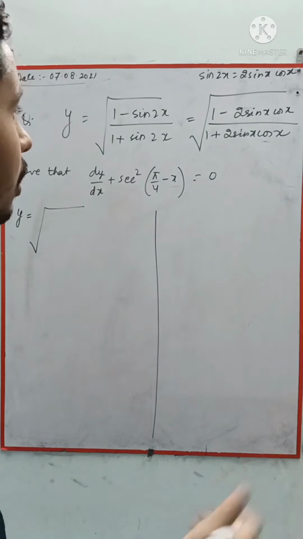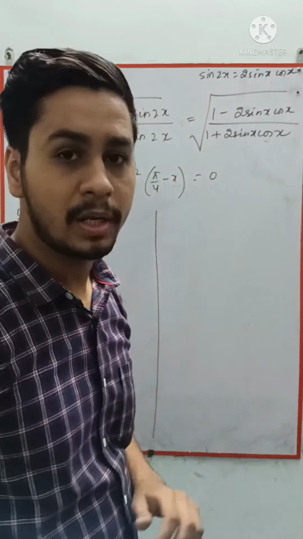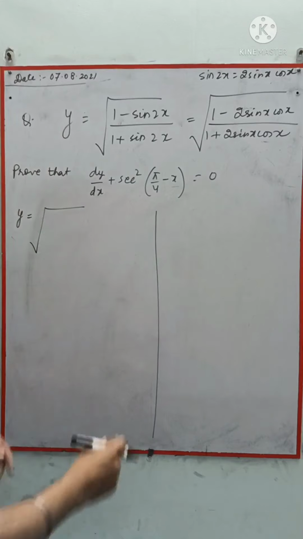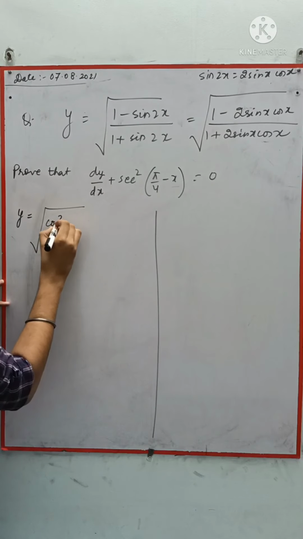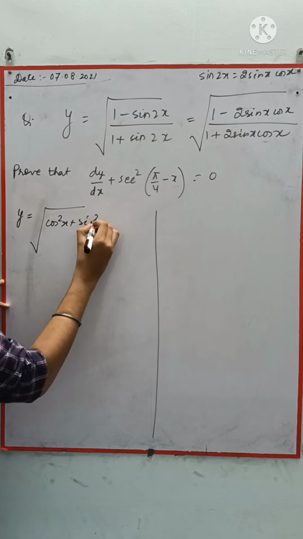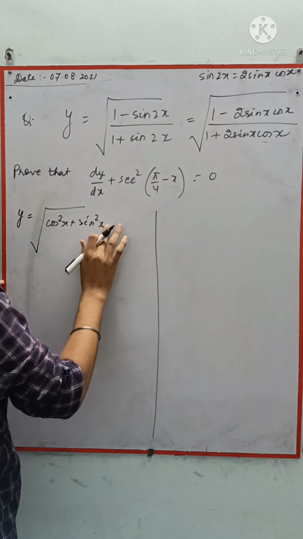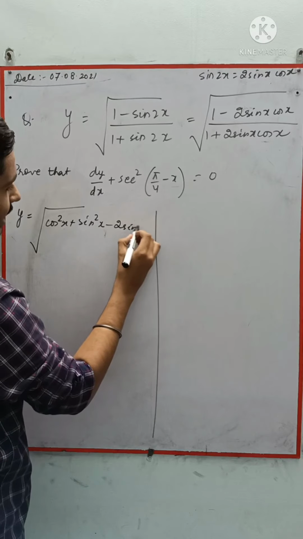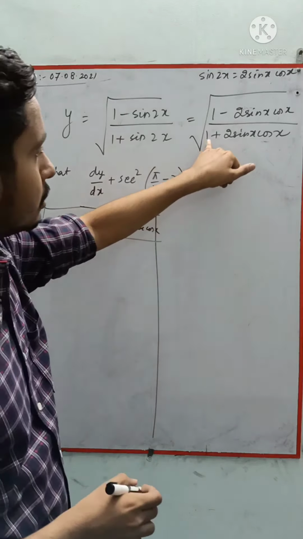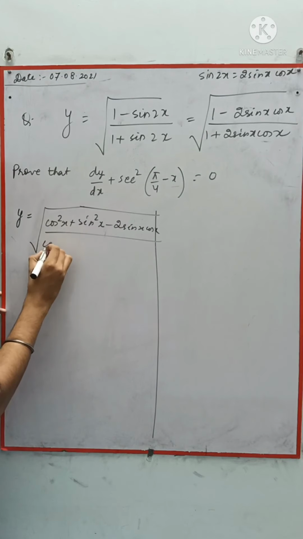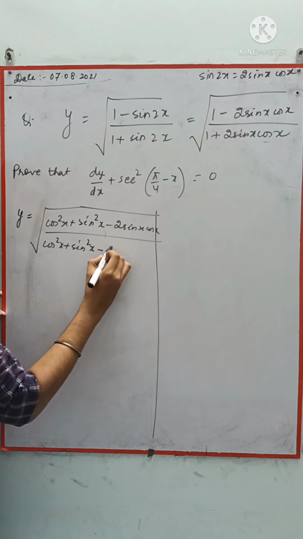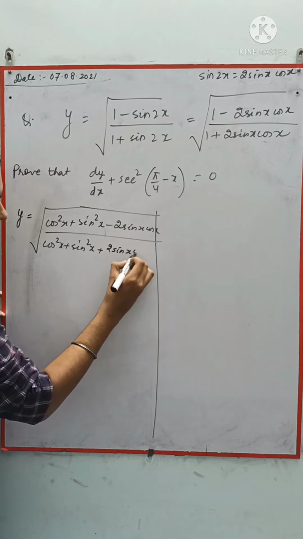So what I thought, that in place of 1, can I just not write cos square theta plus sin square theta? So in place of this 1, I am writing cos square x plus sin square x minus 2 sin x cos x. And in the denominator also, in place of this 1, we are writing cos square x plus sin square x plus 2 sin x cos x.